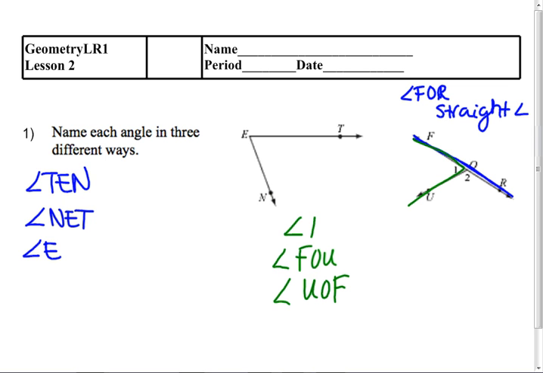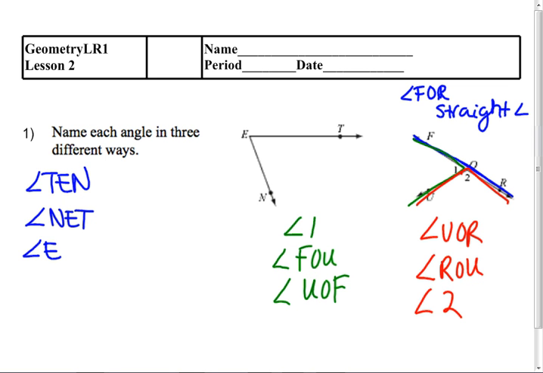There are no other choices. How about this guy? Yeah, UOR. What's another one? ROU. And what's the easiest one? Angle 2. I prefer those. And if it's not there, I put it in.